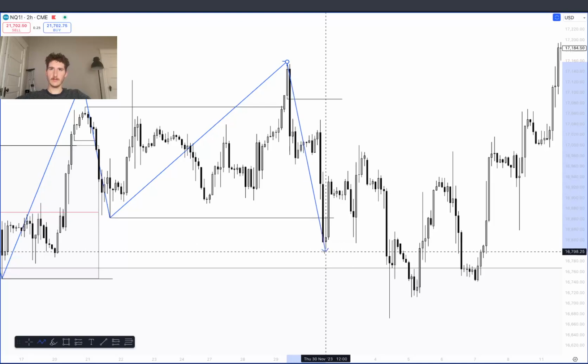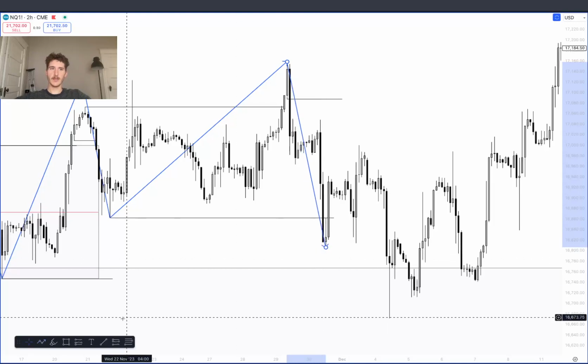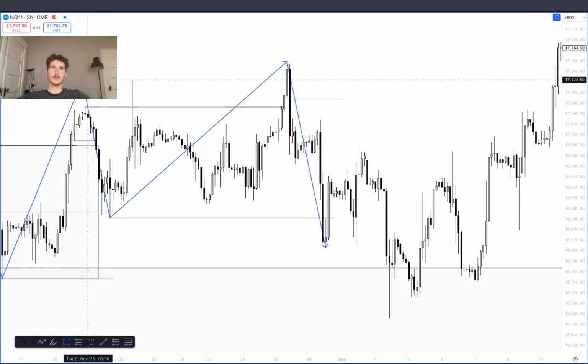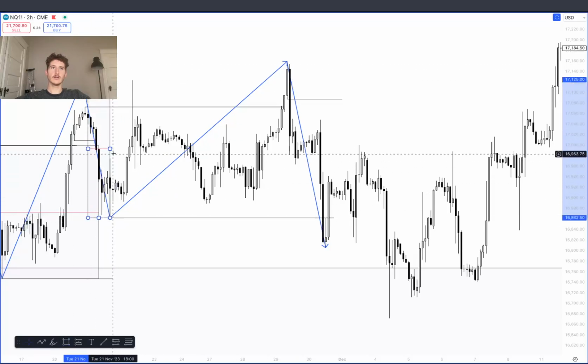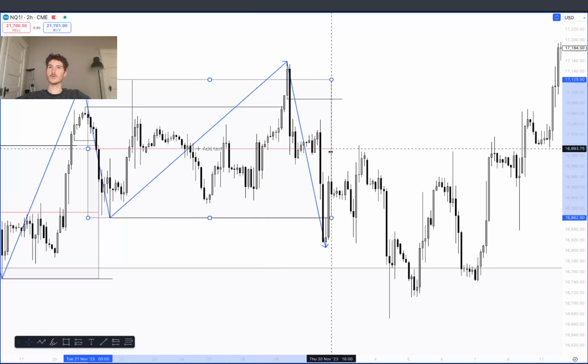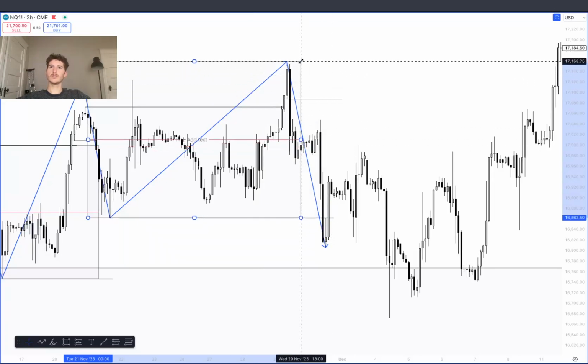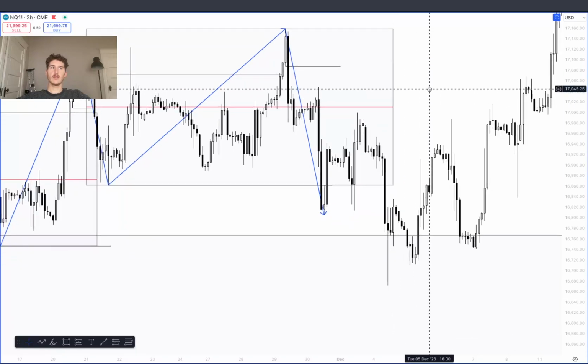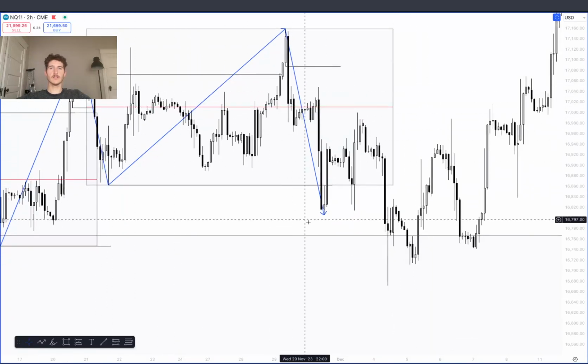So we come down, make our flip down, and now this swing right here turns from a swing to a flip. Boom, just like that. Now instead of this being a bullish swing, this is a bearish flip.